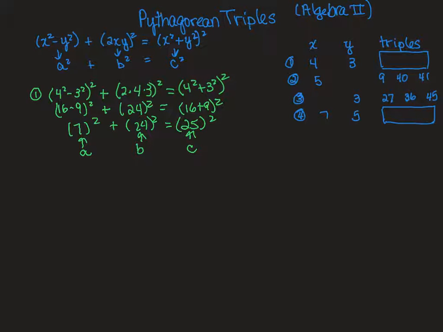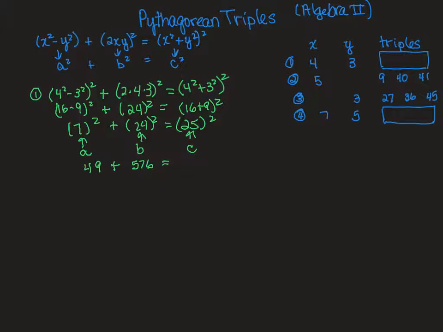I can prove that by squaring it. I'm getting my calculator out. 7 squared is 49, plus 24 squared, which is 576, and that should equal 625.